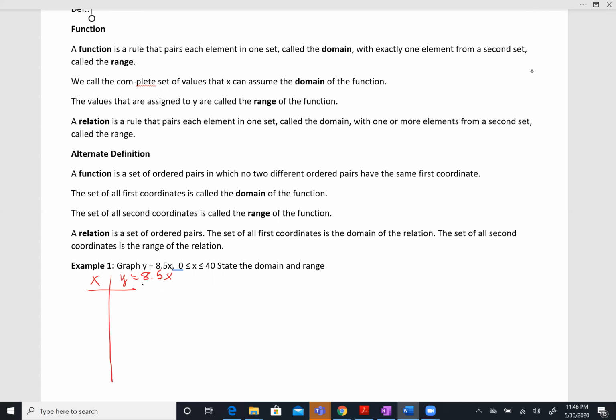Okay, so let's choose some values for x. I should not have a value less than 0 because I know that x just goes from 0.